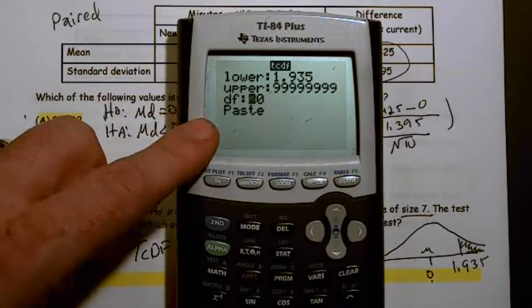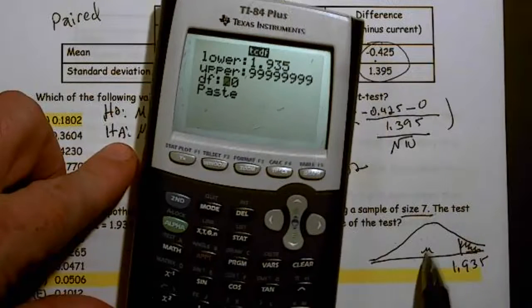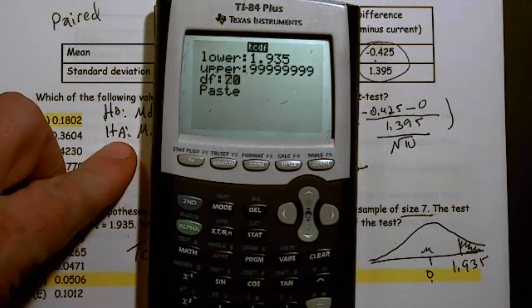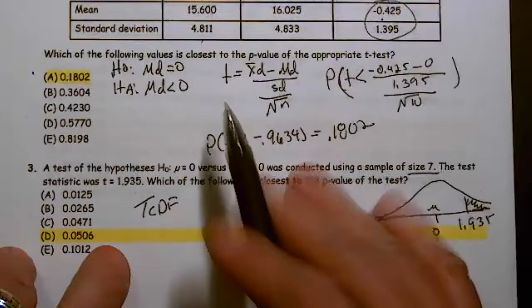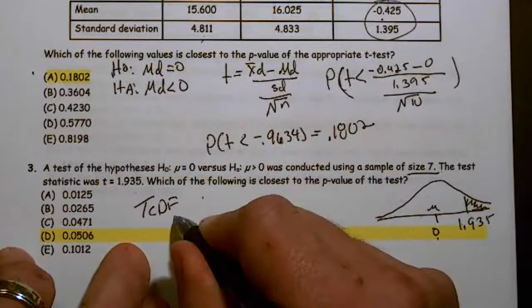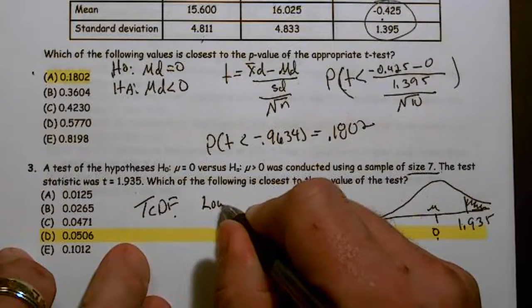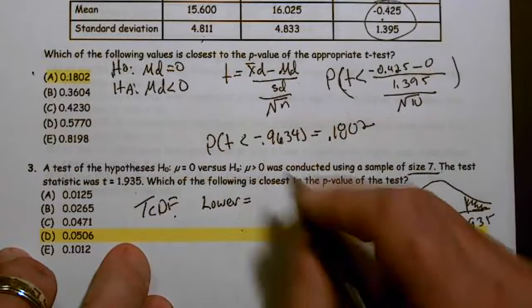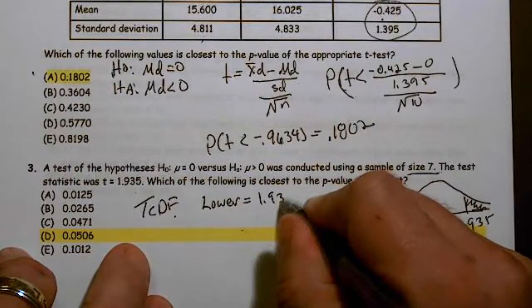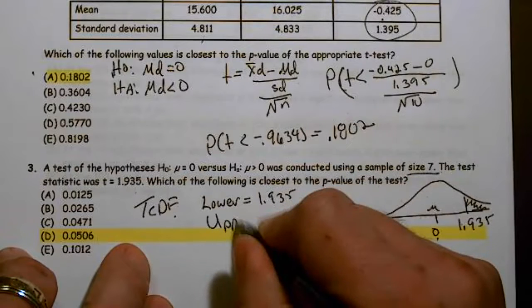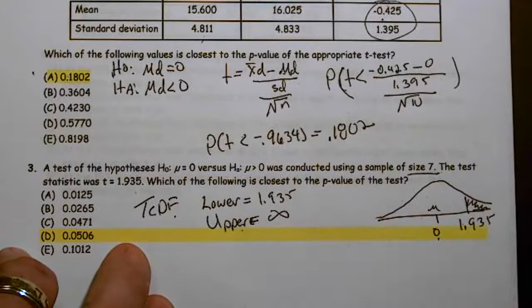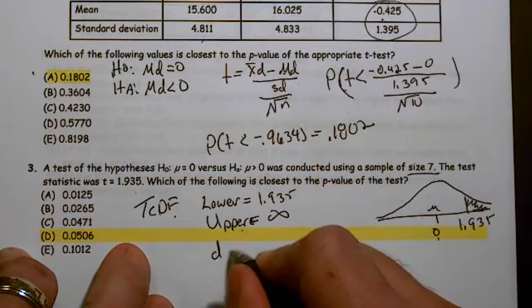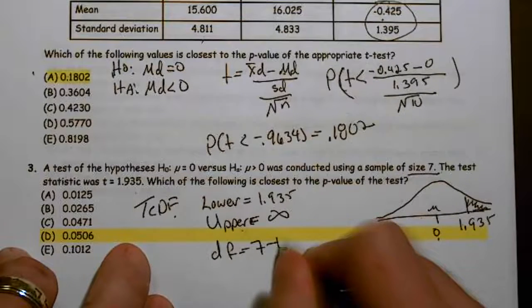And our degrees of freedom, we had a sample of size 7, so our degrees of freedom are 7 minus 1. So I'm going to write that down because you need to make sure you know that. tcdf, lower equals 1.935, upper equals infinity, and degrees of freedom 7 minus 1.